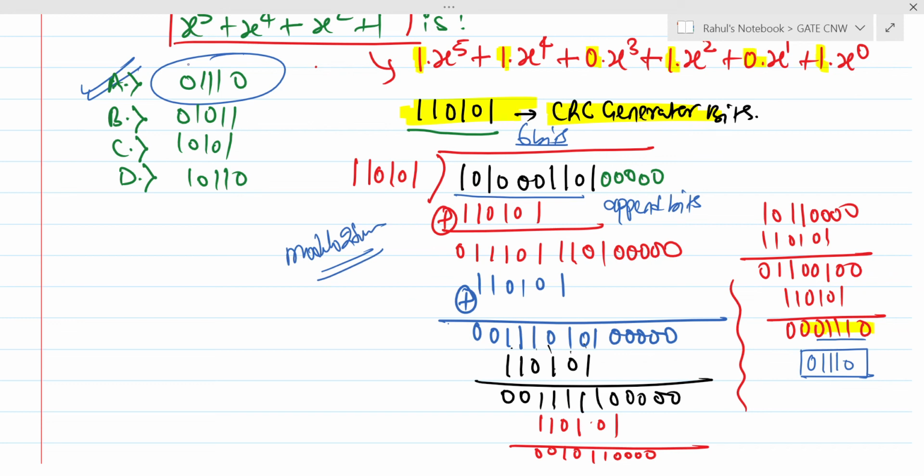By performing that, at the last we can skip the left-hand side 0, so we get 1 1 1 0, only 4 bits, and our CRC generator is 6 bits, so we need to count 5 bits, because the CRC bits are just one less than the CRC generator bits. So as a final answer, option A, that is 0 1 1 1 0, is the correct answer, right?